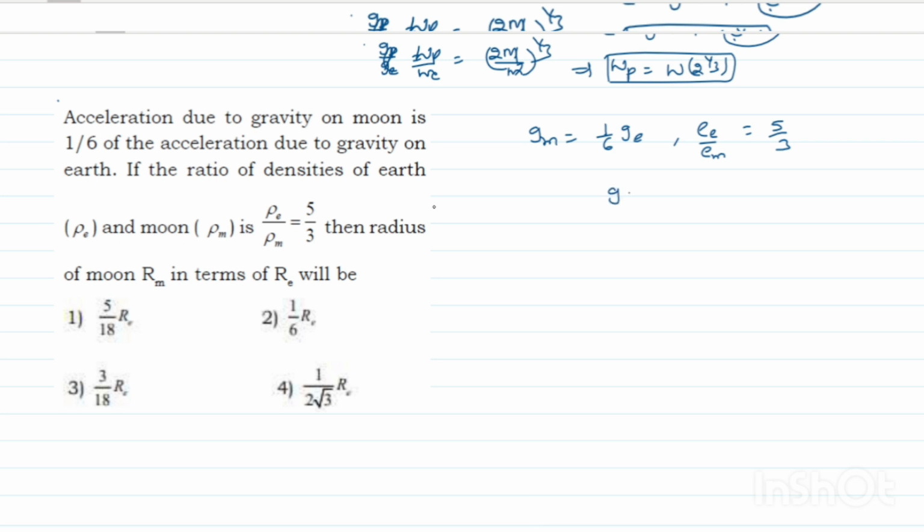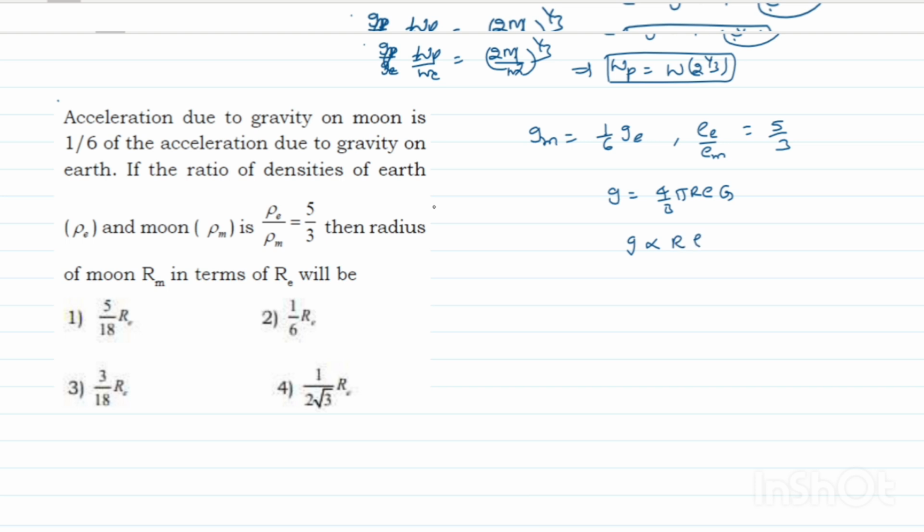You know the relation between g and G in terms of the density: g equals 4/3 pi G R rho. Since they are asking in terms of density, g value and radius, g is proportional to R into rho.